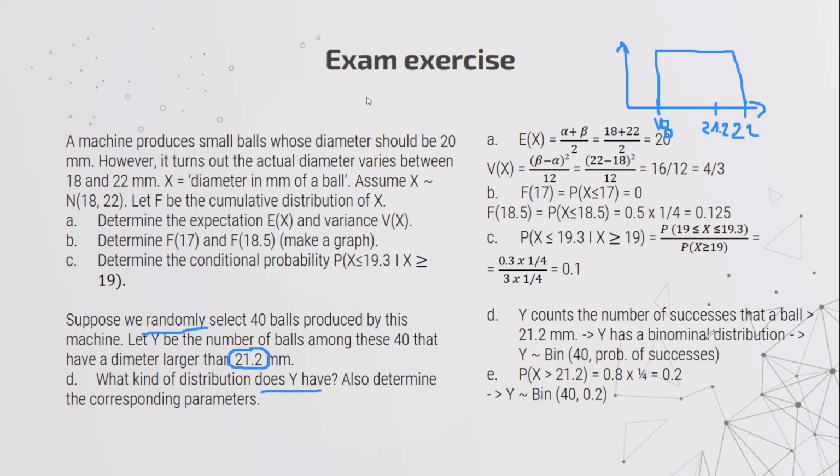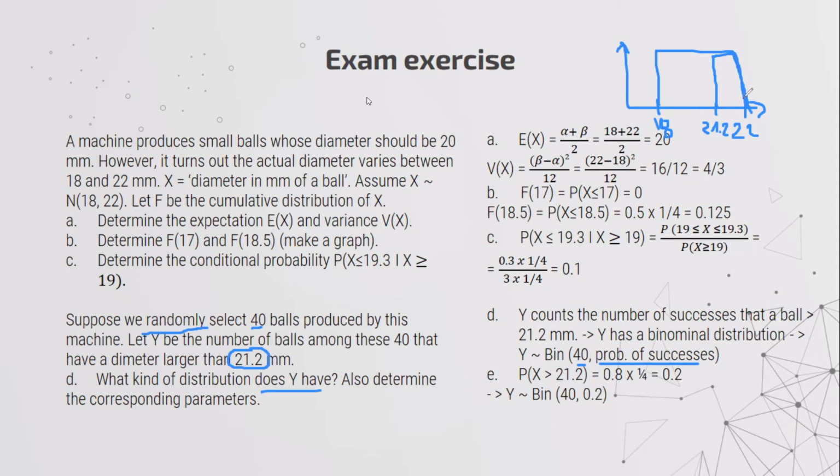And how is the binomial distribution denoted? We just have to take the number of all participants in our experiment, which is 40 balls, and then the probability of success. But we're not given the probability of success, so we can calculate it. We just have to find here.